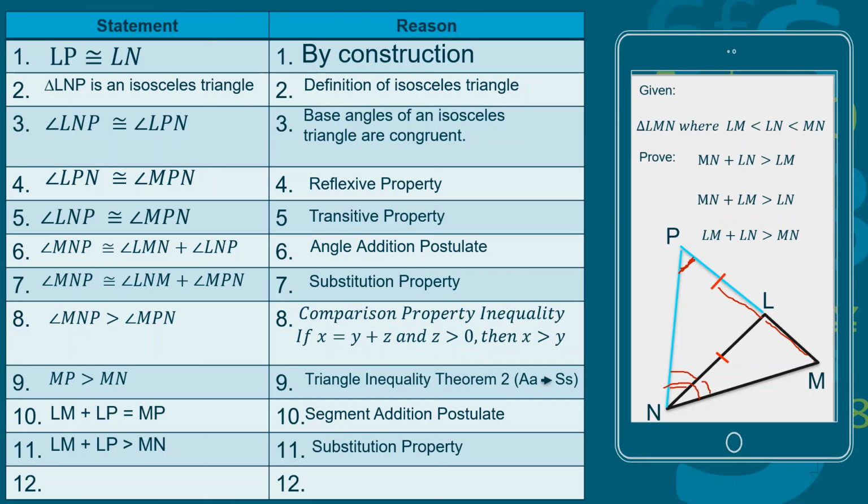And for the last one, of course, we have here LM plus LN is greater than MN. So, that is using statement number 1, and we look at statement number 11. And of course, that is still substitution property.